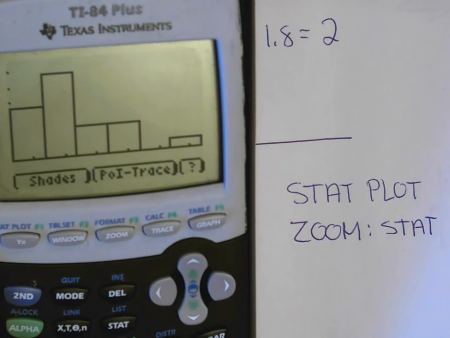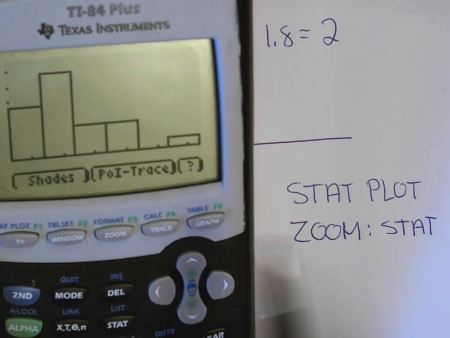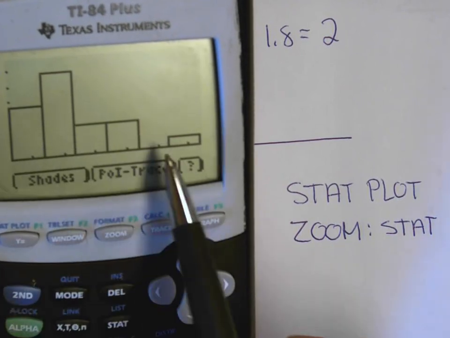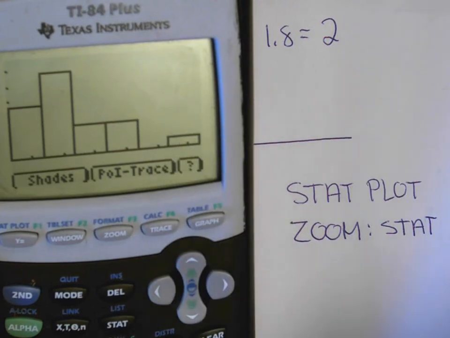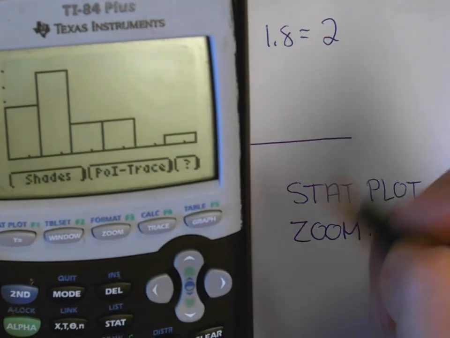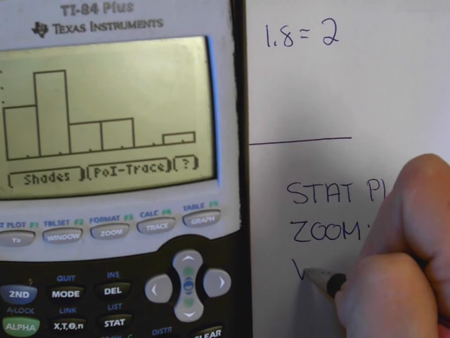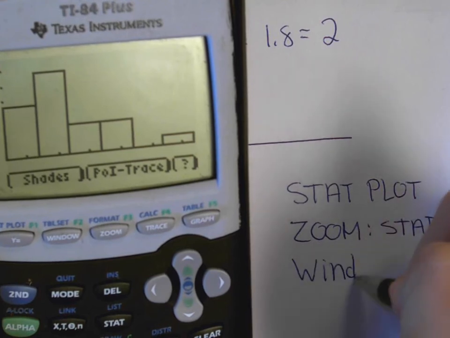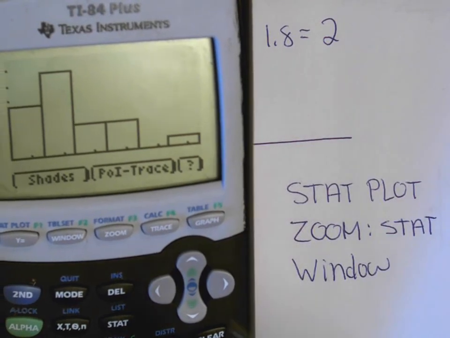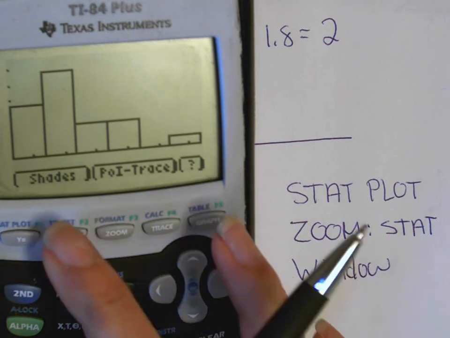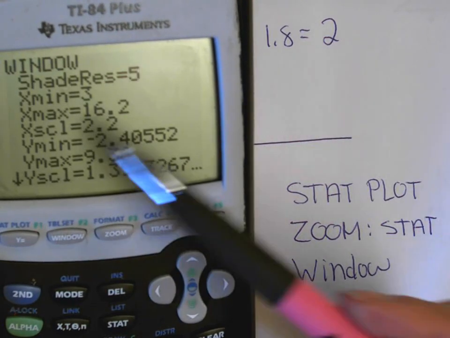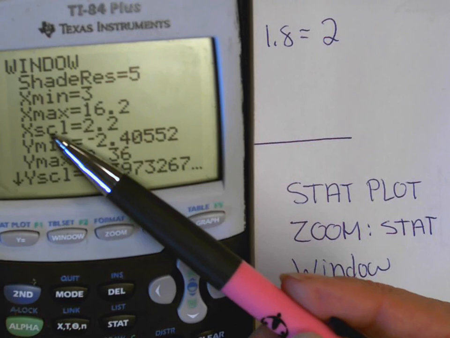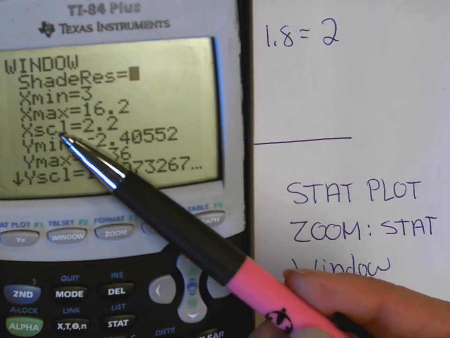But is this the histogram that we wanted with the 6 bars? 1, 2, 3, 4, got a space, and then remember all our bars are supposed to touch. So the way to make it match what we wanted, you're going to go into Window, which is right here, second key in. The only thing you've got to do is change the line where it says X scale.